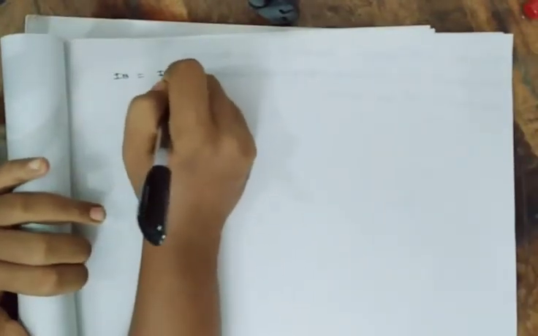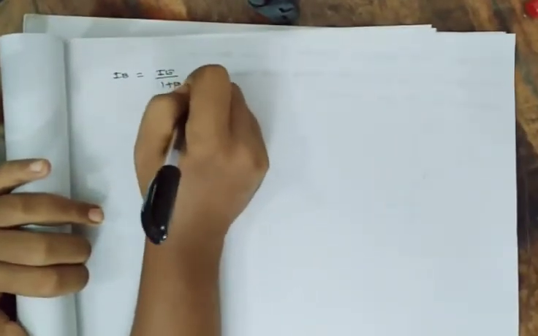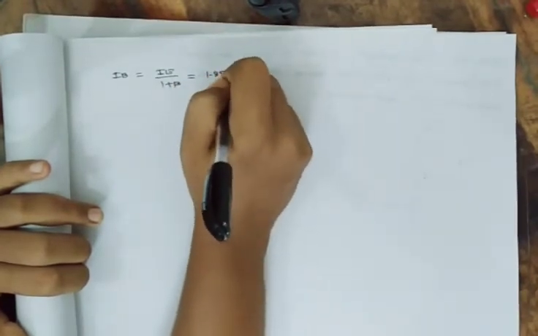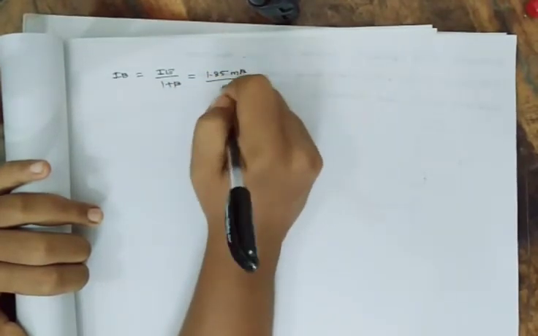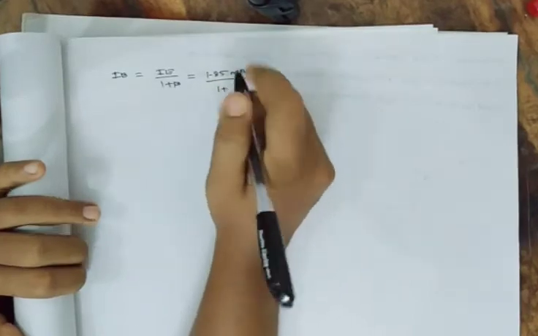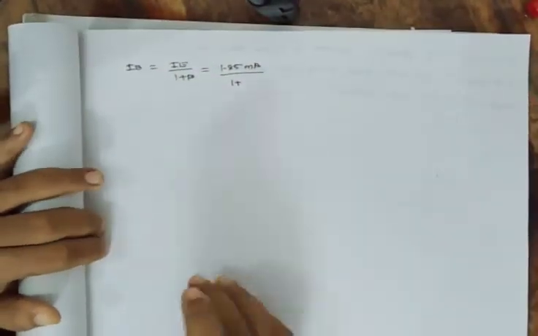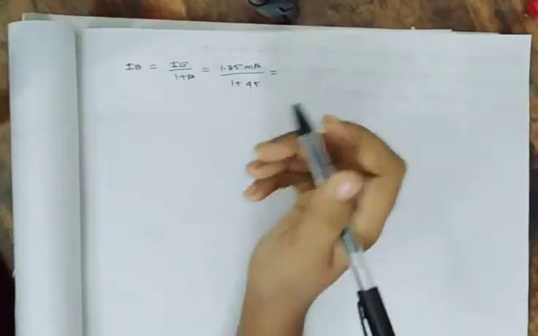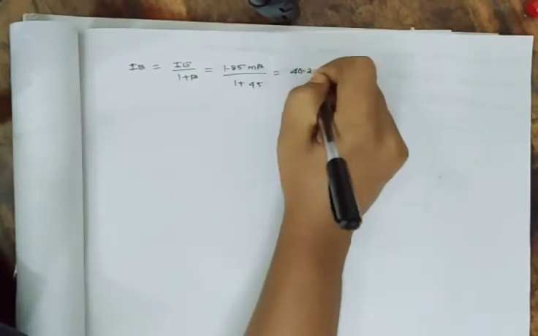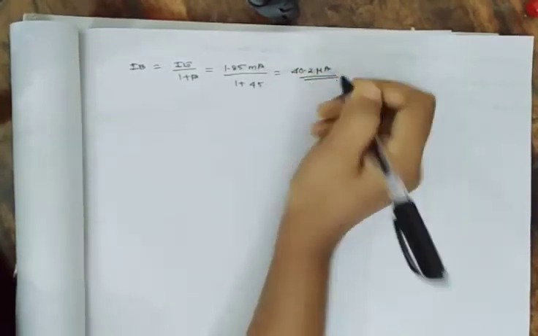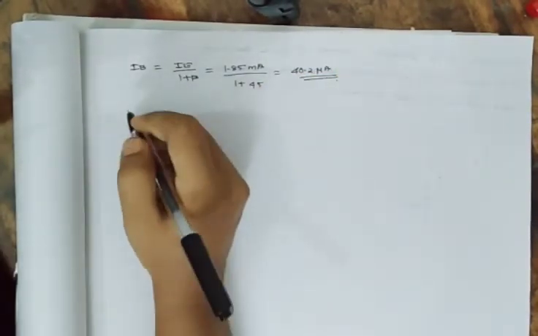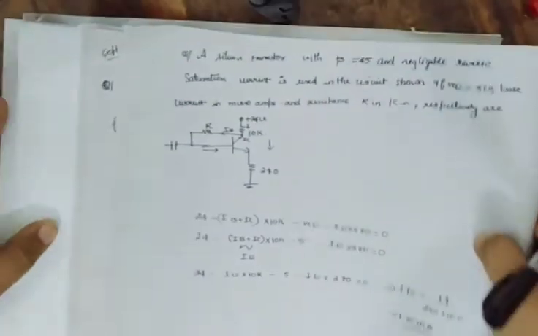Now what is IB? IB is equal to IE divided by 1 plus beta, which is equal to 1.85 milliampere divided by 1 plus, what was beta? Beta was given that it is 45. So that is equal to 1 plus 45, which is equal to 40.2 microampere. And now we will apply KVL again.